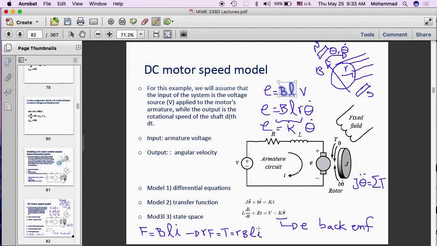Haven't you seen R times L times B elsewhere on this slide? Look at the very top. What did we call R times L times B? We called it K. So the torque applied to the rotor is K times current. Can you see that? So this is K times the current. And that's exactly what you see here. This is Newton's second law.